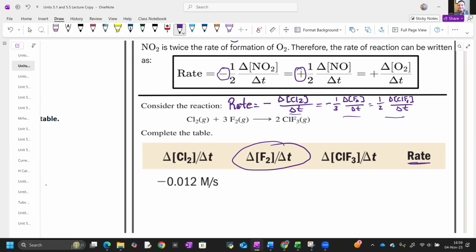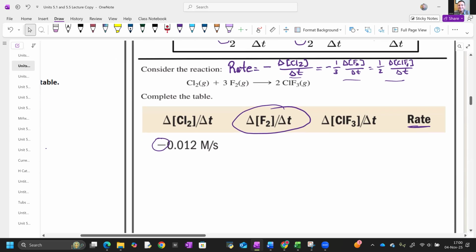Another thing that we would notice is that this is asking for the change in concentration of Cl2 with regard to time, and that it is giving us a negative value. If that was the rate, well, that would be incorrect because the rate is not going to be a negative value, but the change in the concentration of Cl2 with regard to time is a negative value. Okay, so let's go ahead and apply some of these ideas.